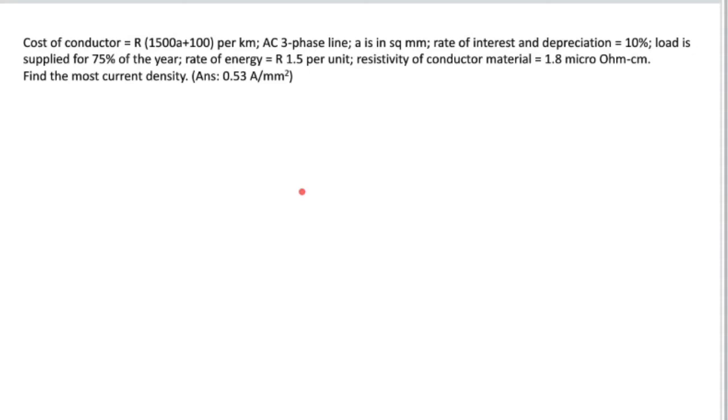R is rho L over A. Rho is 1.8 times 10 to the power minus 6, and L is 10 to the power 6 millimeter because it's in kilometer, and A is A. So that's R. 3I squared R is the power, and then for energy loss, you multiply the power loss by the time. So it's 8760 times 0.75.